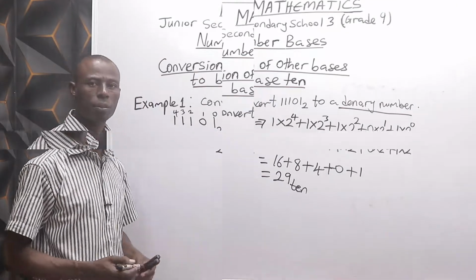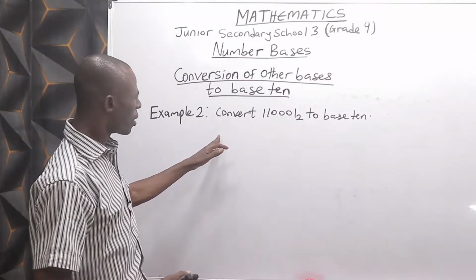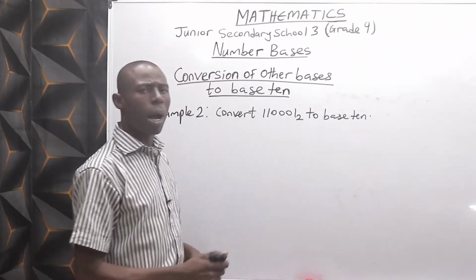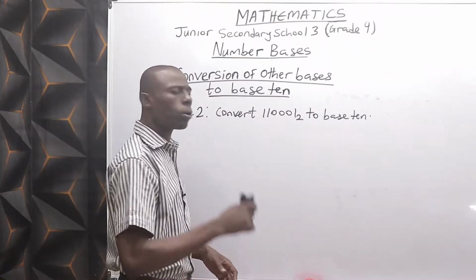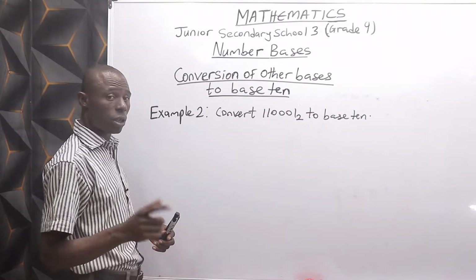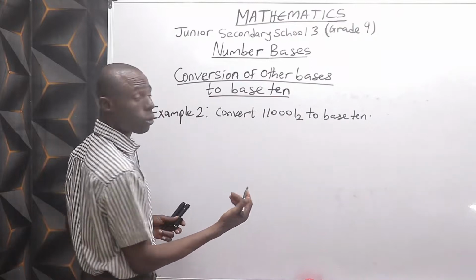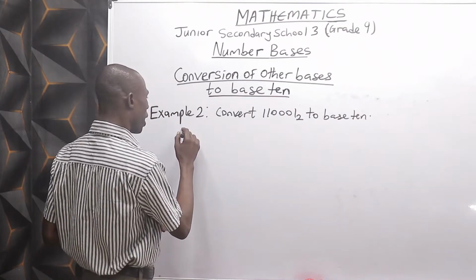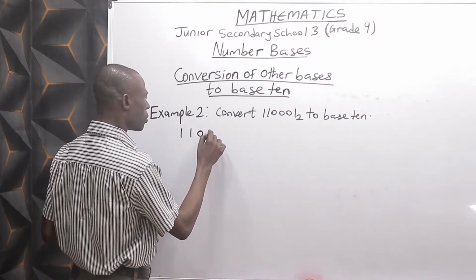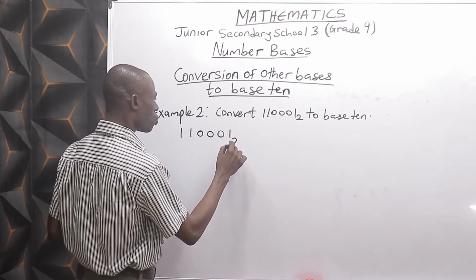Let's consider example 2. Convert 110001 base 2 to base 10. The same procedure, don't forget. After all, it is from base 2. The first one also was from base 2. So we write 1, 1, 0, 0, 0, 1 base 2.